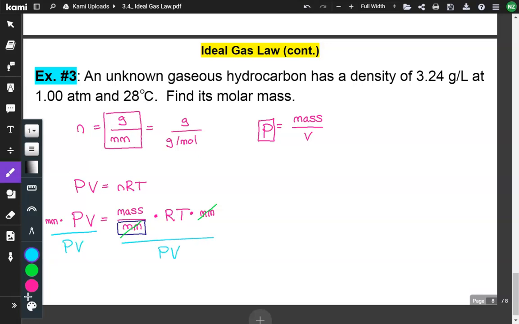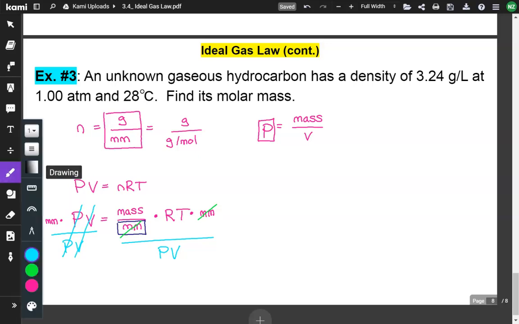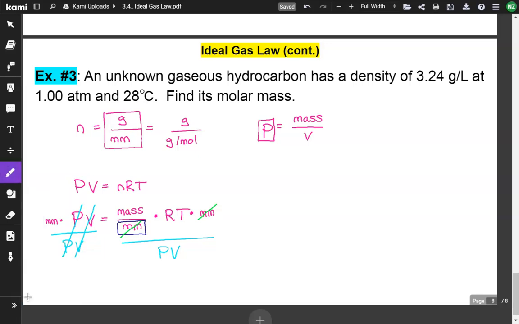And I'll clean up my units here in a second. So this goes away and this goes away. So now what we've done is we've rewritten our equation, and we have molar mass equals the mass times RT over PV. So let me rewrite that. So mass times RT over PV.